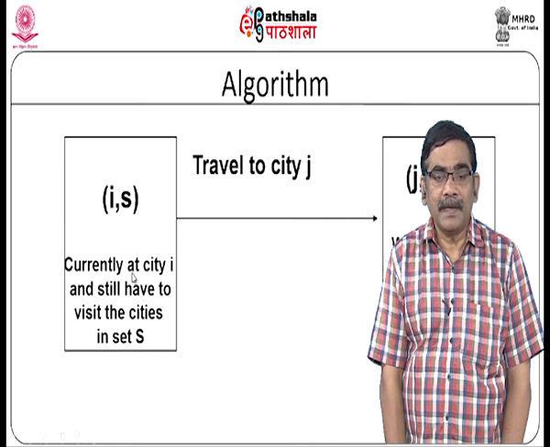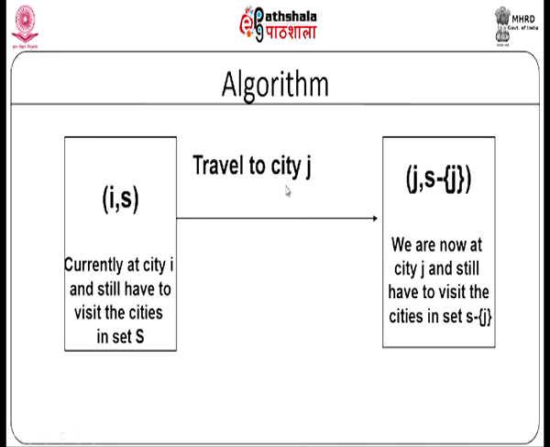Say for example, now I am currently in city i, then I travel to city j, meaning the jth city is visited. So, that means I should not visit j again.